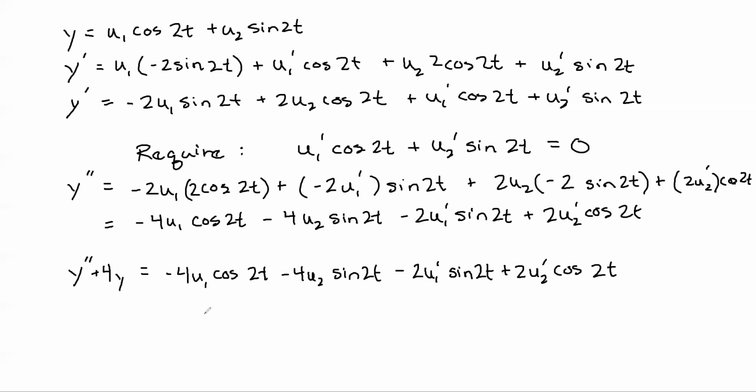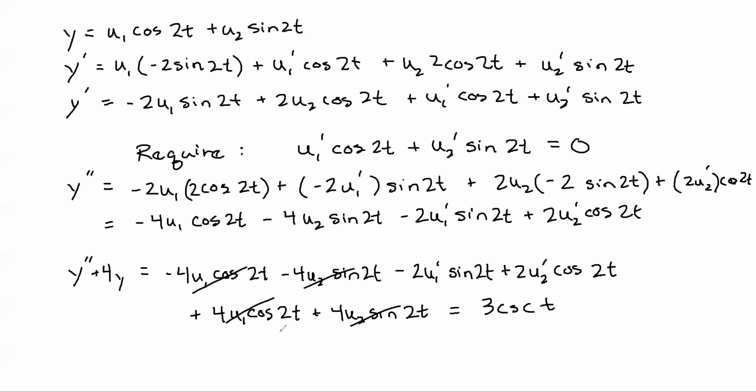All right, and then we have plus 4 times our original, so plus 4 u1 cosine 2t plus 4 u2 sine 2t. All right, and so we've got minus 4 u1 cosine plus 4 u1 cosine. Those cancel. We have minus 4 u2 sine 2t plus 4 u2 sine 2t. Those cancel. And so we end up getting just this. Oh, and then I forgot it has to equal 3 cosecant t, right?